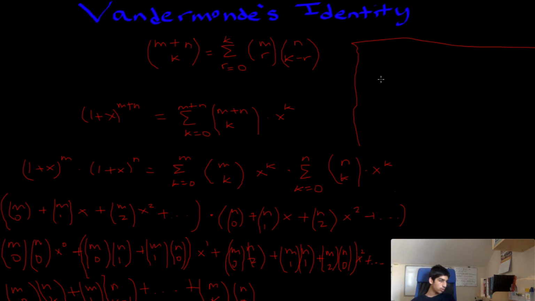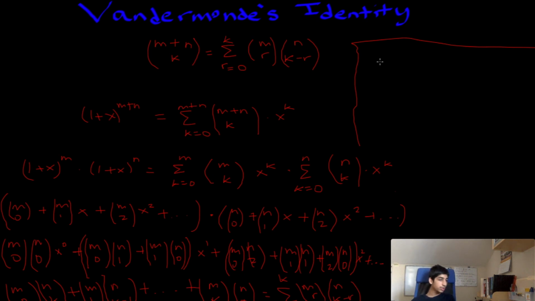We can also write this as a summation, so it's more concise. This is equal to the summation from r equals 0 to k of m choose r times n choose k minus r. Alright, so this is the coefficient of x to the k, and m plus n choose k is the coefficient of x to the k, so they must be equal.